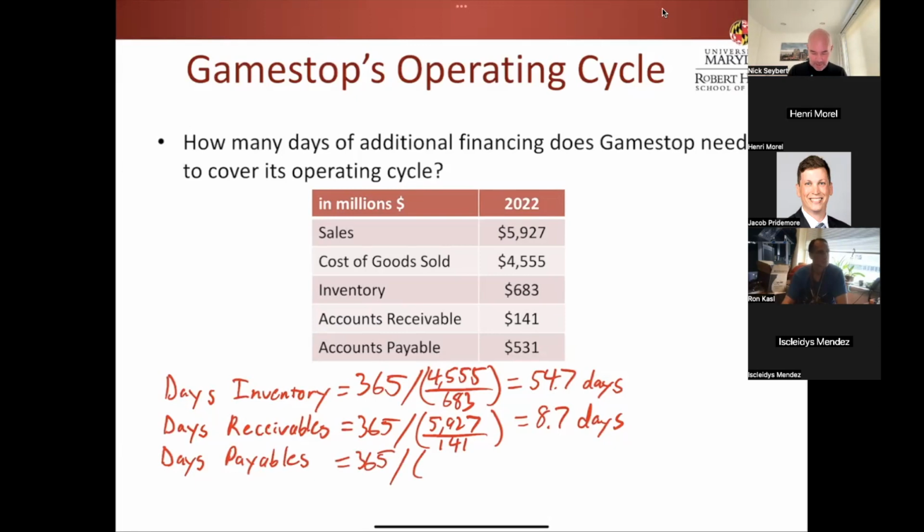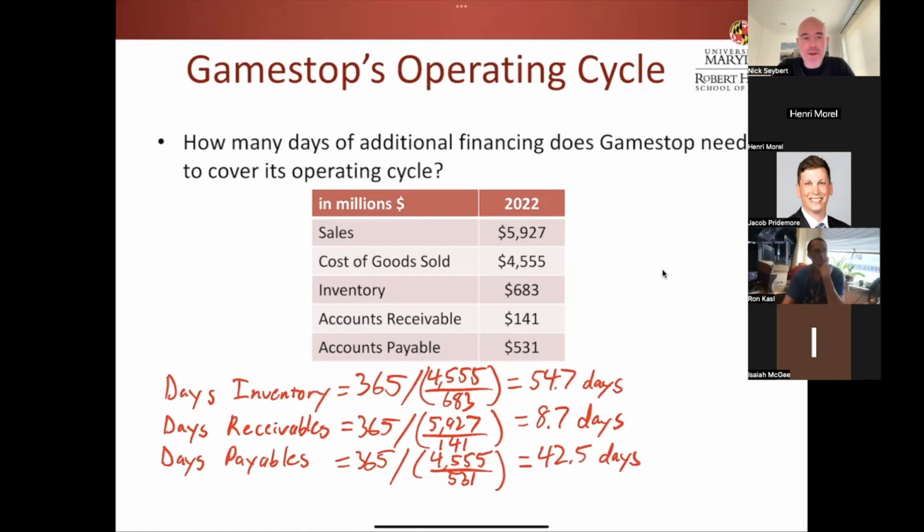So again, we've got 4555 divided by 531 in payables. So the days payable is 42.5 days.